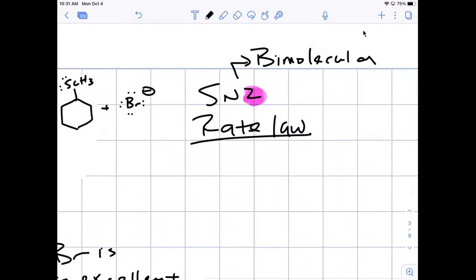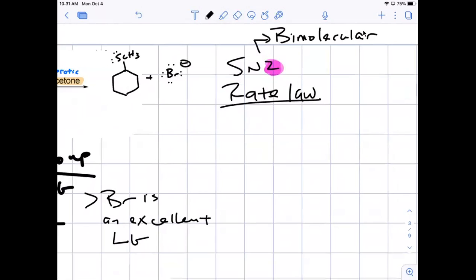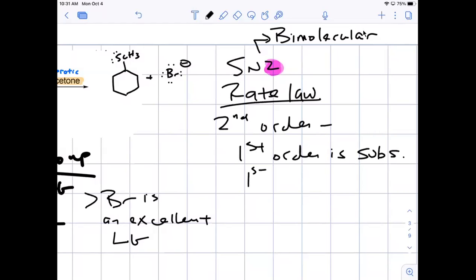What that means is that it's a second order reaction. So the SN2 is second order. It's first order in substrate and first order in nucleophile.